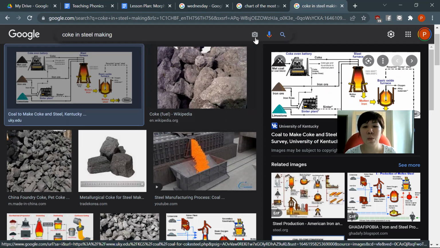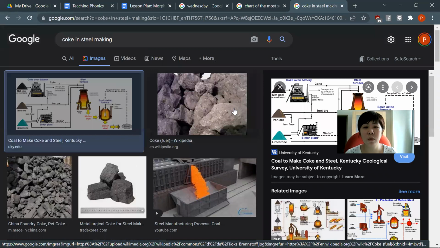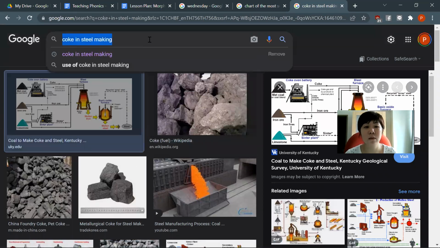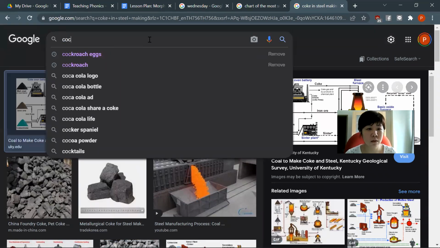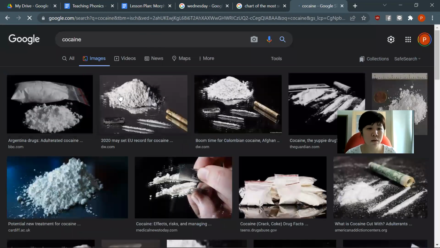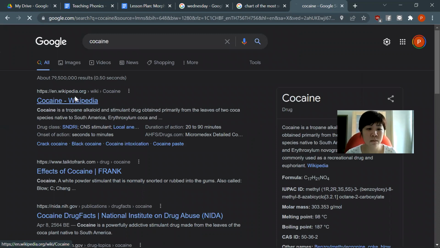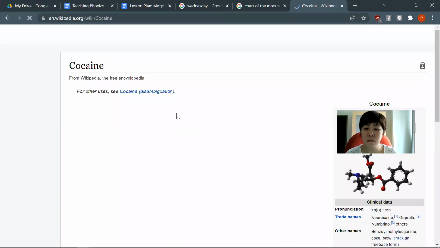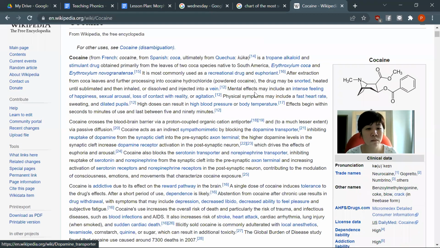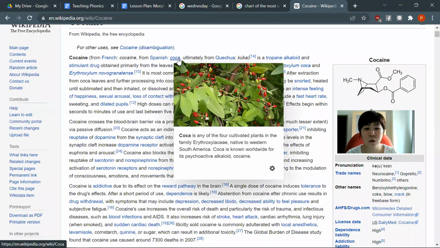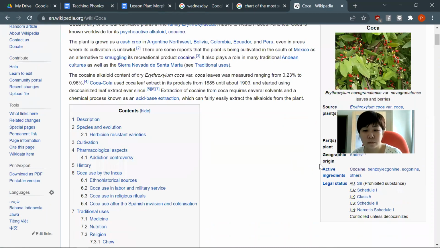So there is a Coke, but this doesn't come from Coca-Cola or from the coca plant. You have cocaine, which is a drug, right? And that comes from the same root as Coca-Cola, from Spanish coca. So that's where all these come from.